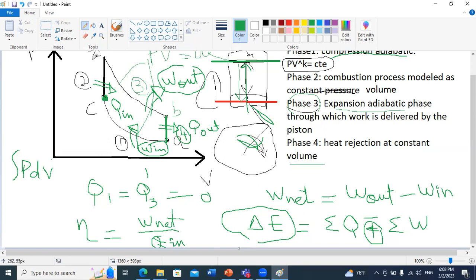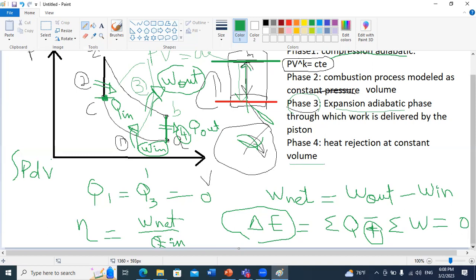Whenever I treat a closed cycle, I don't have a variation of the energy because I go back to the same point. It's a repetitive cycle, like a steady state process, so I can consider that delta E is equal to 0.